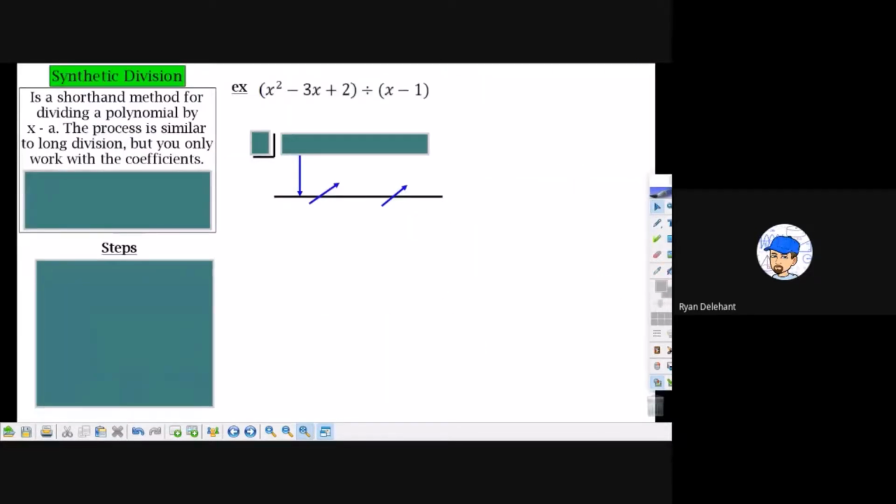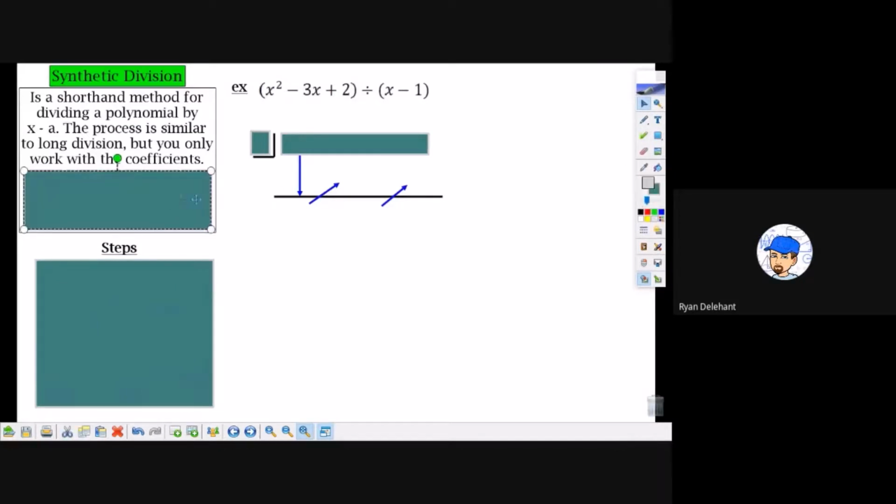And the important thing to remember here is we're still dividing polynomials. I could divide one with synthetic division, and I could divide one with box division, and I would get the same answer every time, okay? So this is a shorthand. Now, this says this will only work if you are dividing by a linear factor with a coefficient of 1 with x.